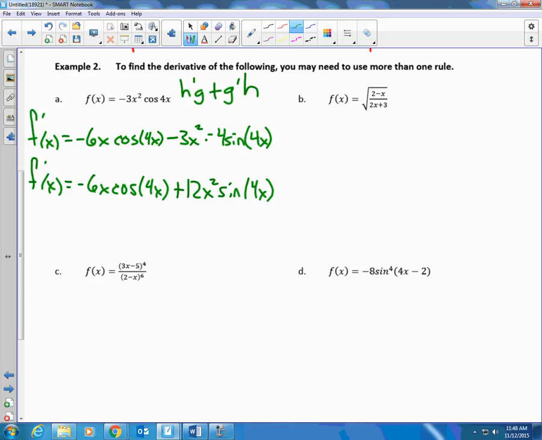It says h prime, so I take the derivative of that, but I do not take the derivative of that. The chain rule is what I do when I take a derivative, so I didn't take the derivative of that. So I just leave it as cosine of 4x. Does that answer your question? Okay. All right, and that's done. If you wanted to, what could you factor out?